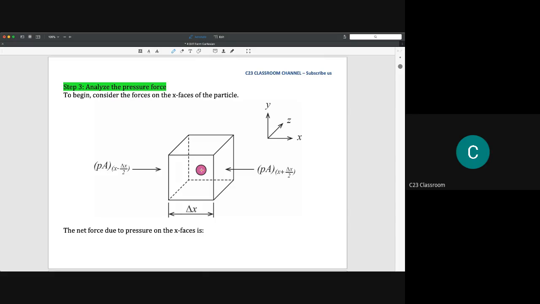That's why we could say that the pressure comes from left to right is P, multiplied by the area here, and then it creates force. Another force acts from right to left, and we could write it as P times A.